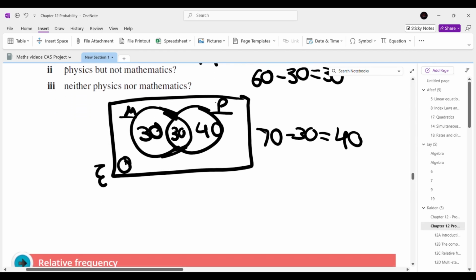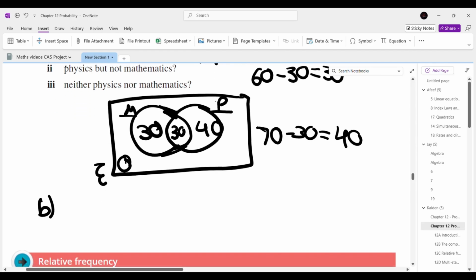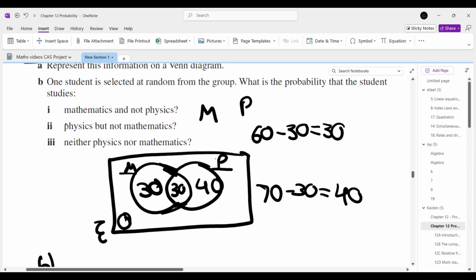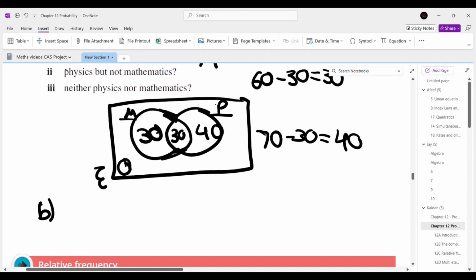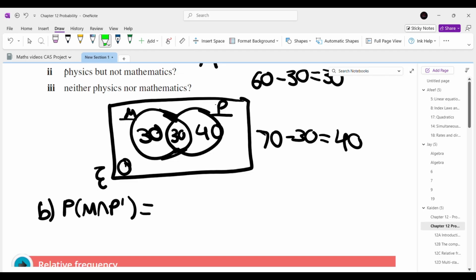So now we'll answer these questions down here. So the probability that they study mathematics and not physics. So you just write it like this: probability of math and not physics. We can just shade this area in on our diagram. It's just mathematics and not physics, so we don't count the union.